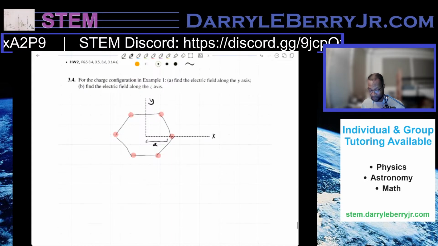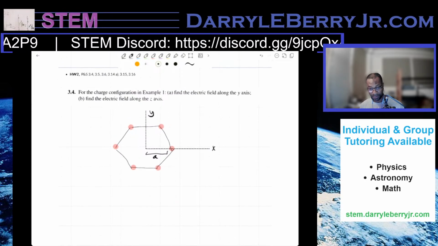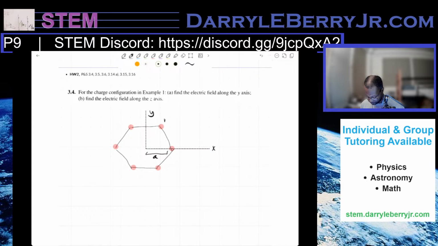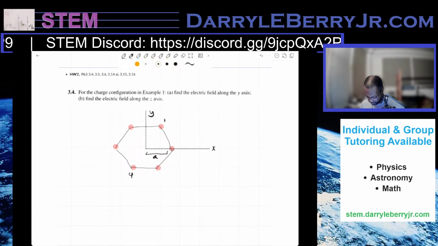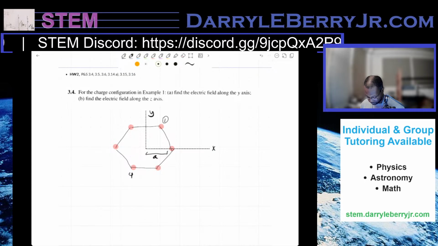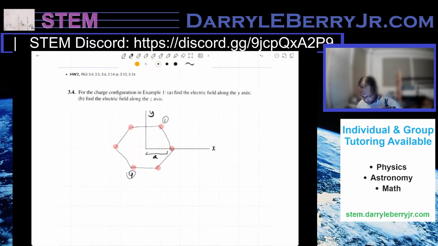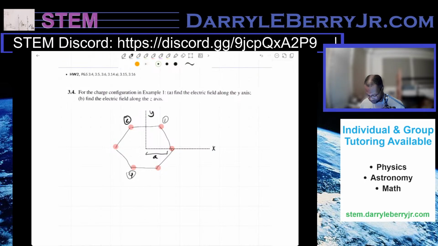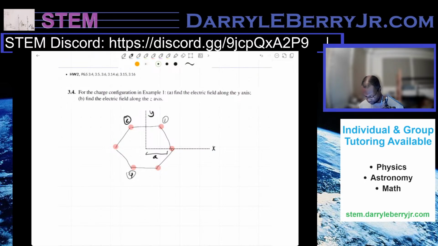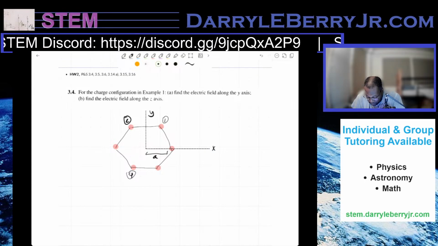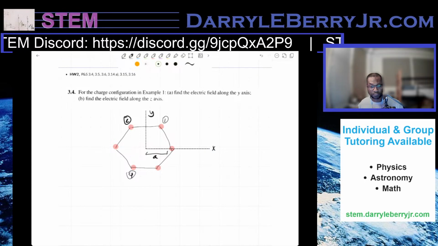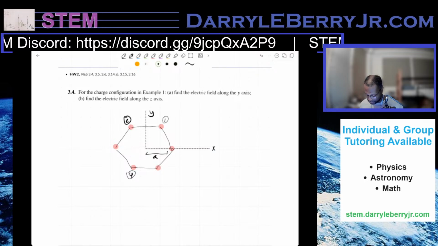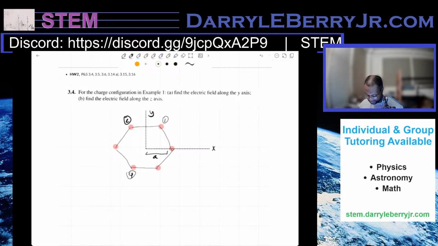X, we have Y, and this is 1, this is 4. We want to find the electric field along the y-axis.